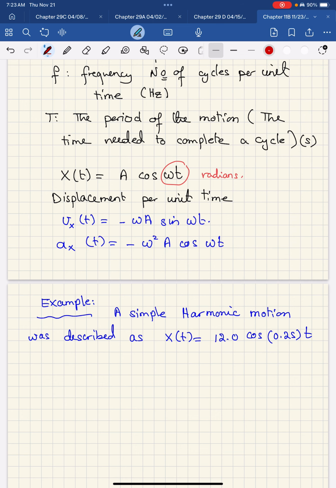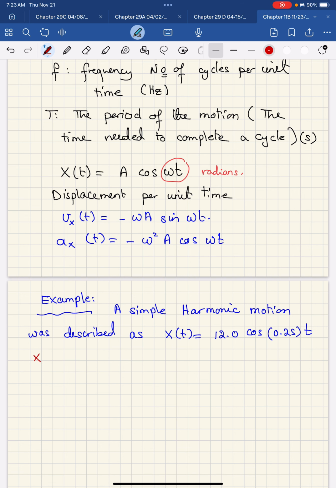The question is also saying that x is measured in centimeters and t in seconds.